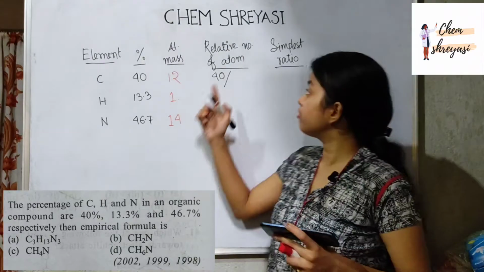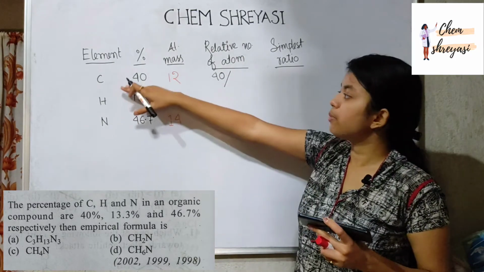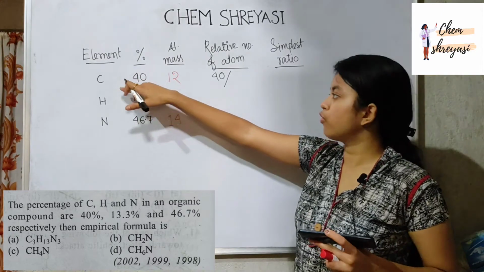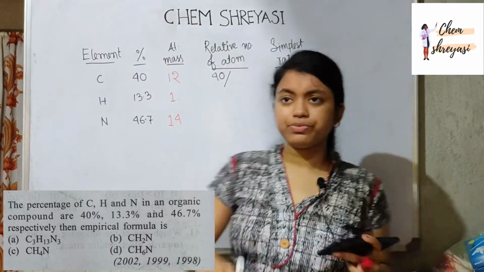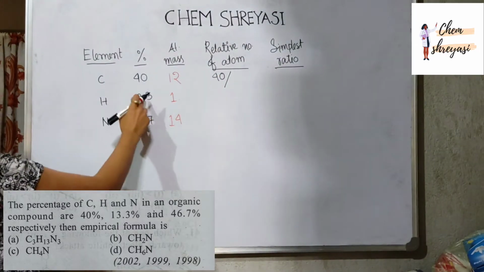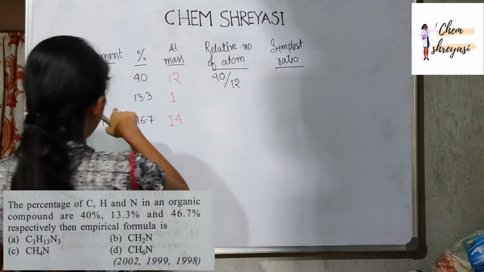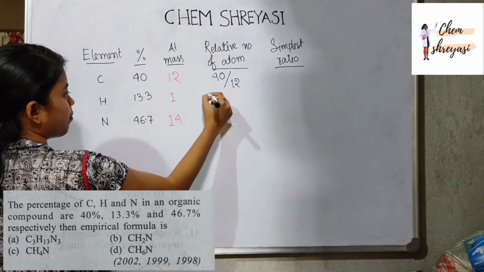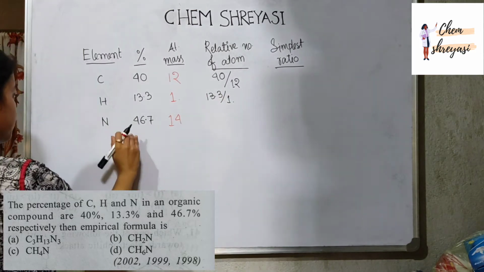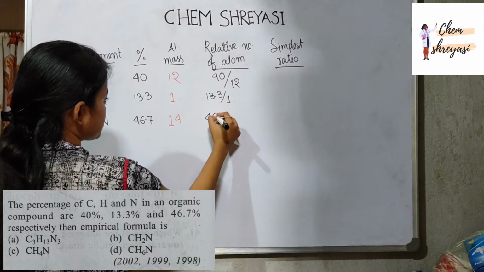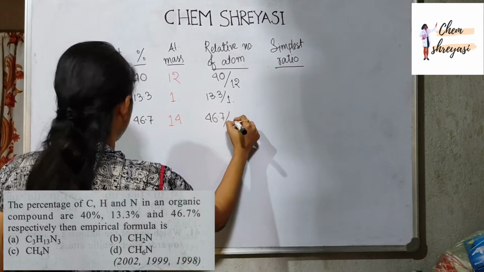So in case of relative number of atoms, we have to divide the percentage that has been given of this particular element with its atomic mass. So in case of carbon, 40 is divided by 12. In case of hydrogen, 13.3 is divided by 1, and in case of nitrogen, 46.7 is divided by 14.